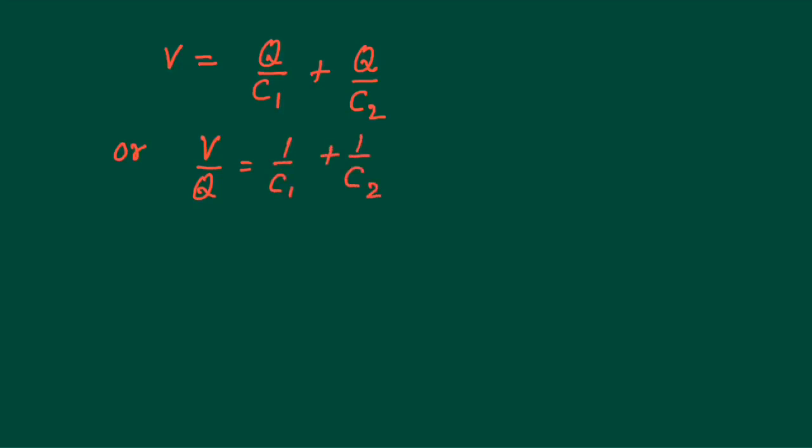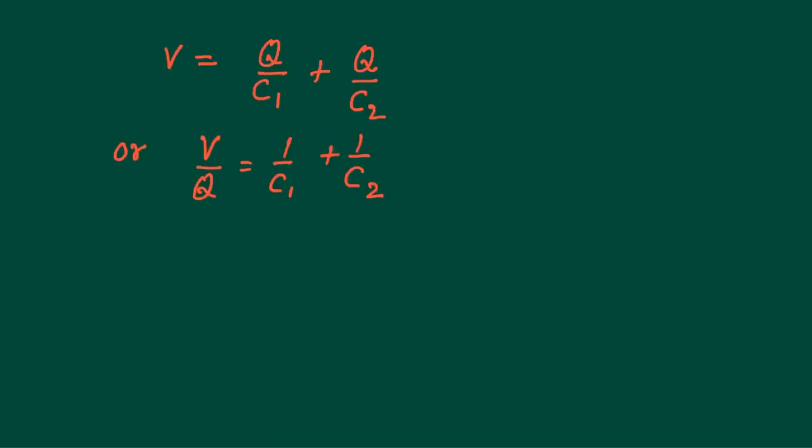Therefore, we can write the values of V1 and V2 as V equals Q upon C1 plus Q upon C2, or V divided by Q equals 1 upon C1 plus 1 upon C2.